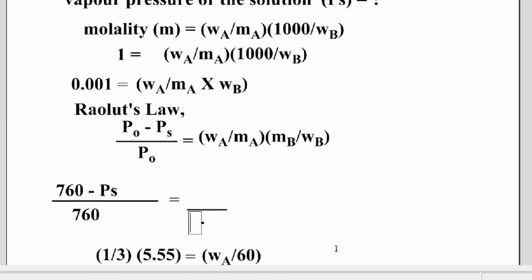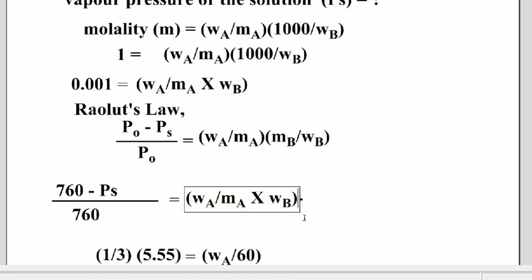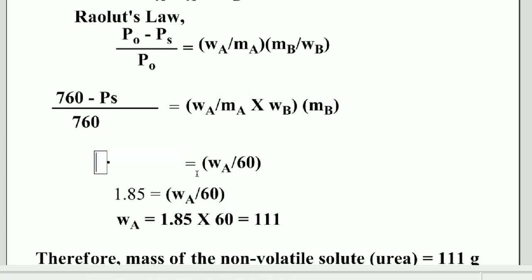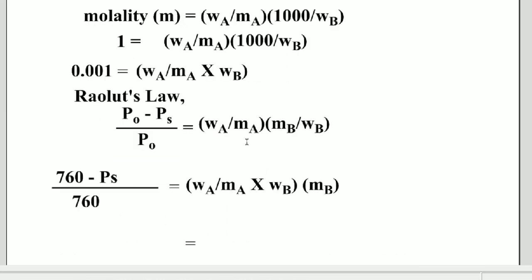We know the value of WA by MA into WB is 0.001. So we write WA by MA into WB into MB, where MB is the molecular mass of water, which is 18. Therefore we get 0.001 into 18, which equals 0.018.